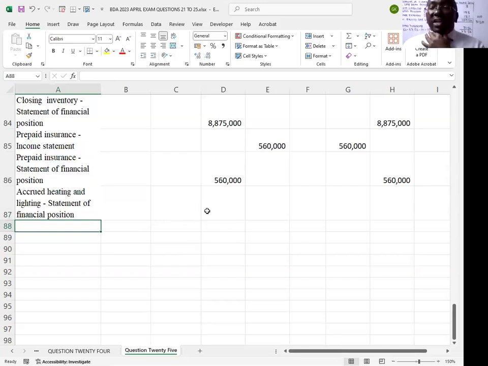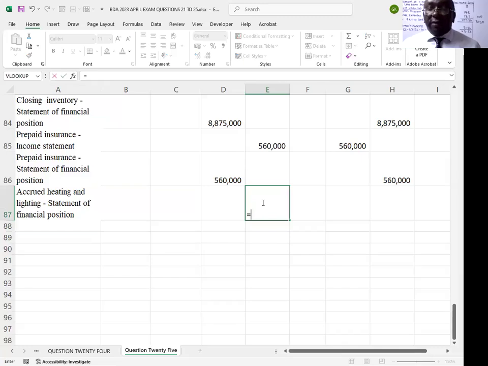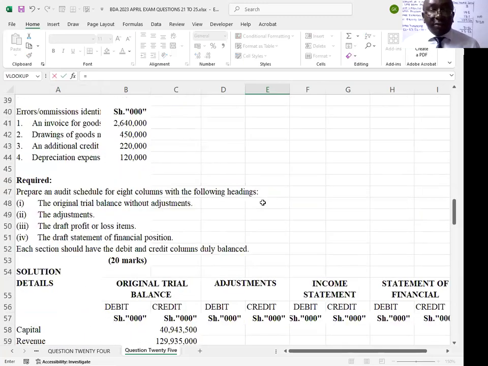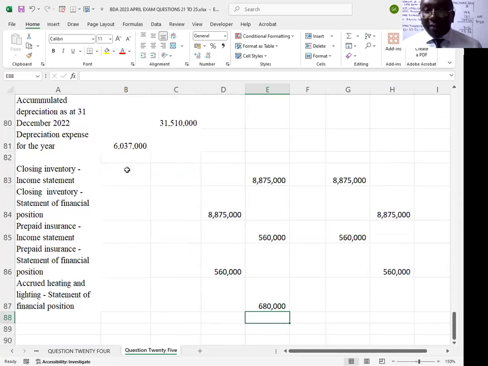So the accrued heating and lighting here, it's going to go to the credit because it's a liability. So say equals, I go for this amount. That one. I press enter.